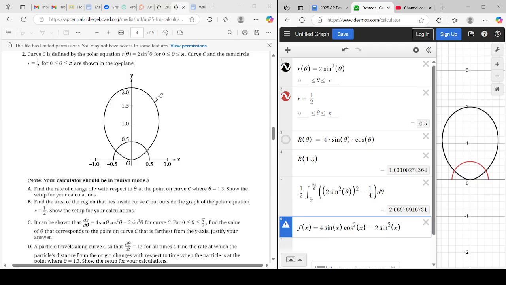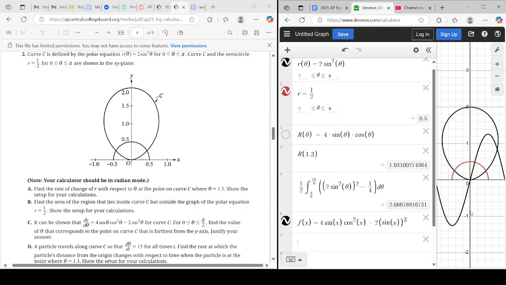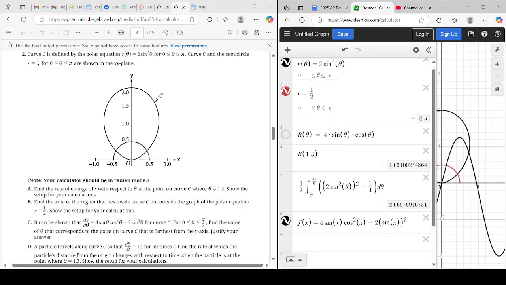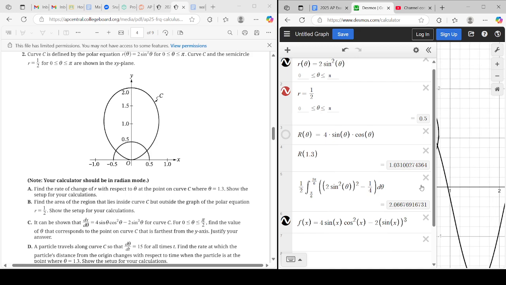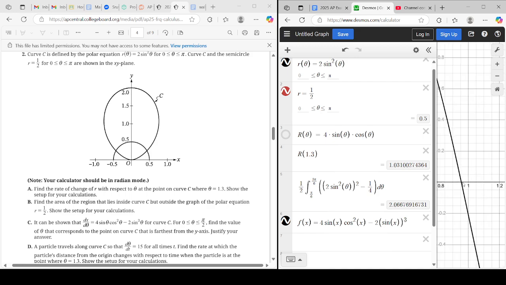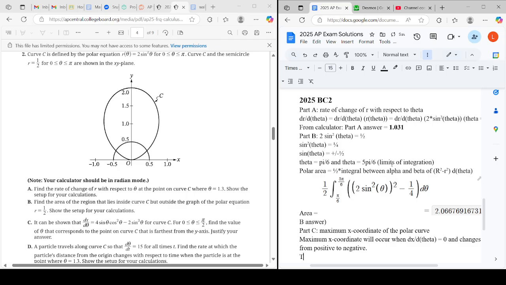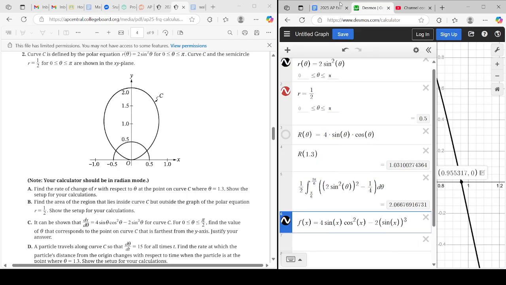Oh wait, yeah, we're going to have to do this the hard way because we don't support higher powers. We're going to do this, and now we're going to find where it's 0 from the interval 0, 1, and we find this happens at 0.955, and it does turn from positive to negative here, so we're good.